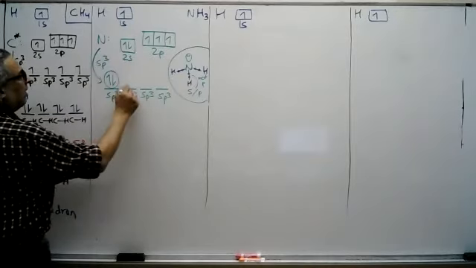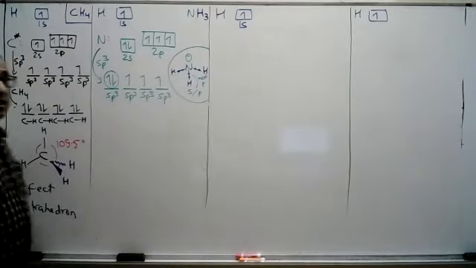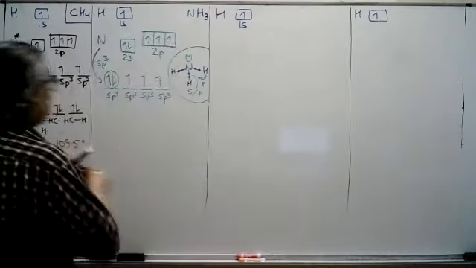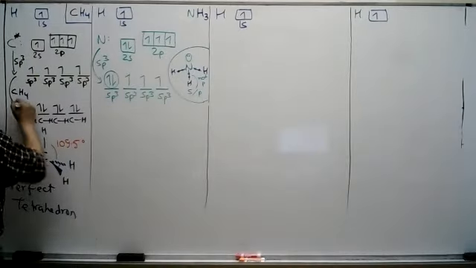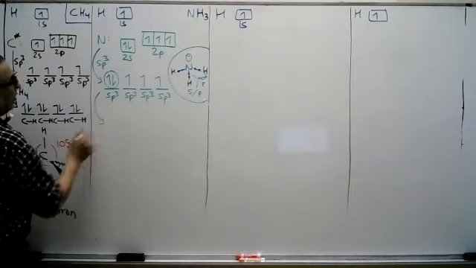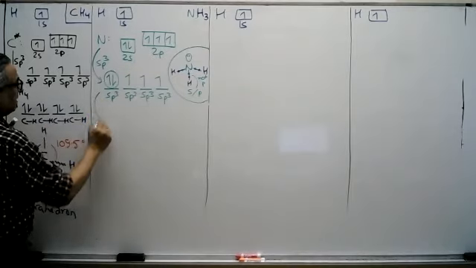And these are going to be the single electrons in 3 of the 4 sp3 hybrid orbitals. Then it binds with 3 hydrogens, and NH3 happens.